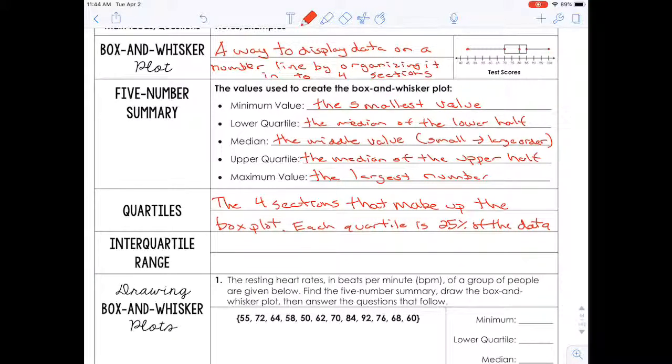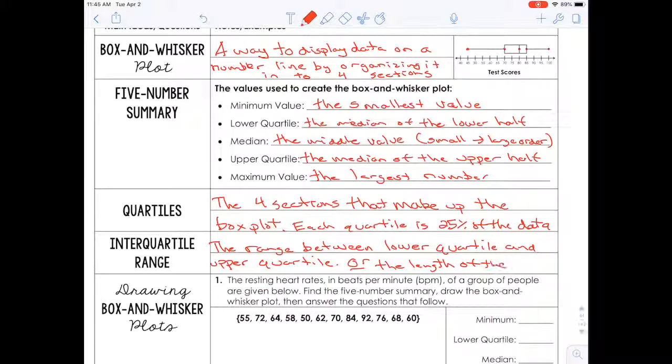All you have to do is just find the range between the lower quartile and upper quartile. Or the length of the box.